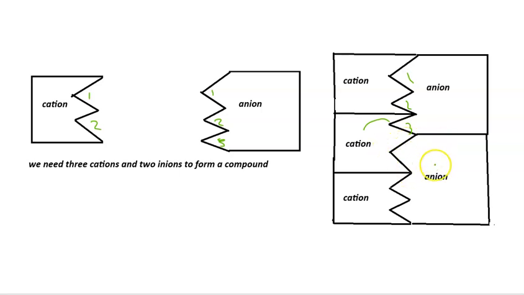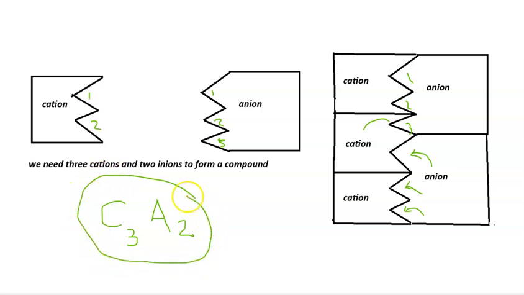We get another anion that will take this electron plus the 2 electrons from the other cation. That's why in this case we need 3 cations and only 2 anions to make this compound that I represented this way.